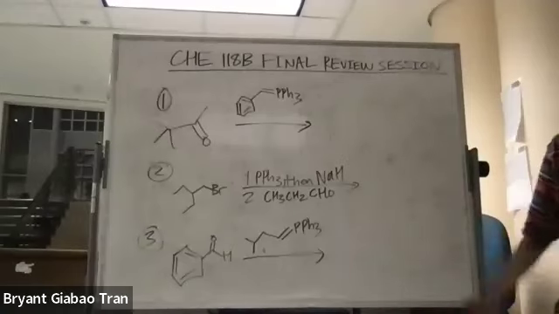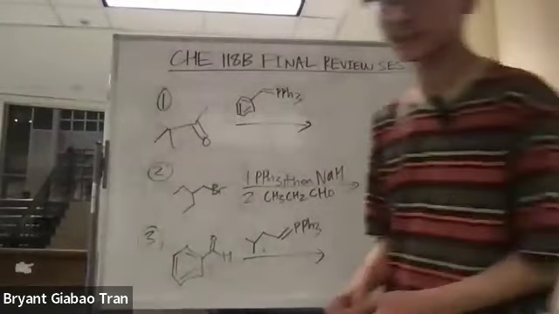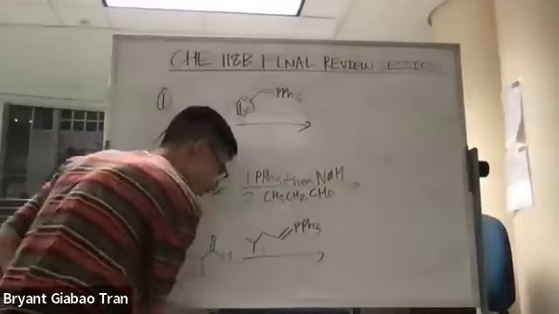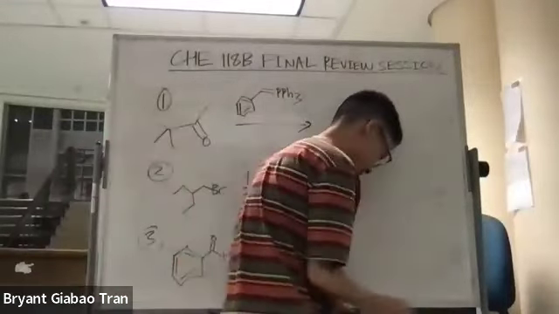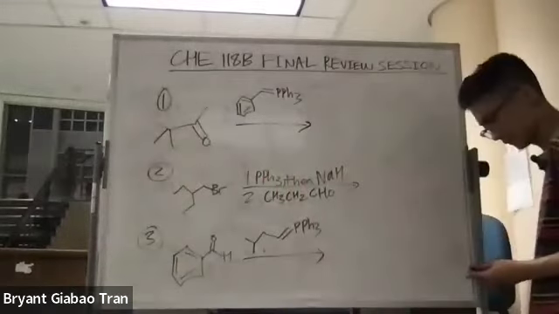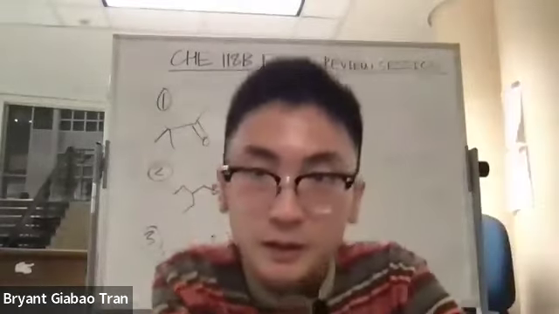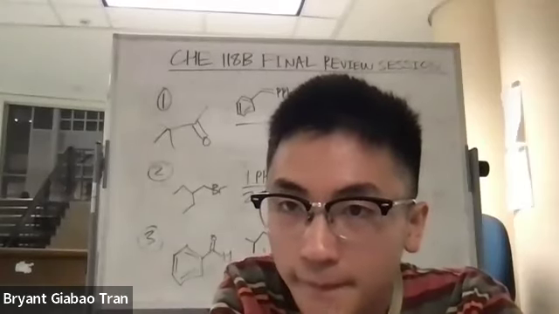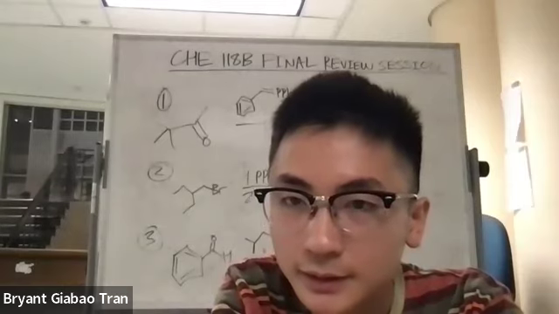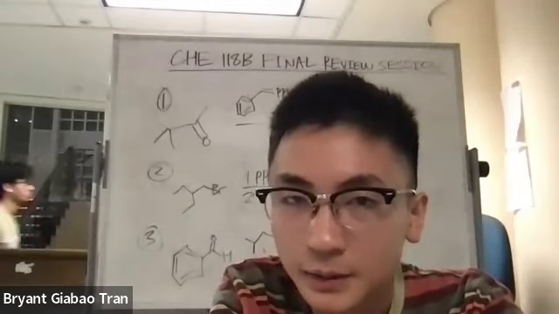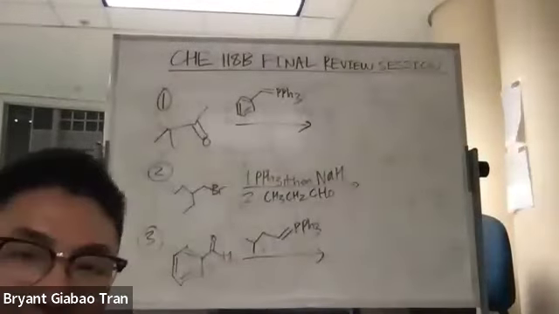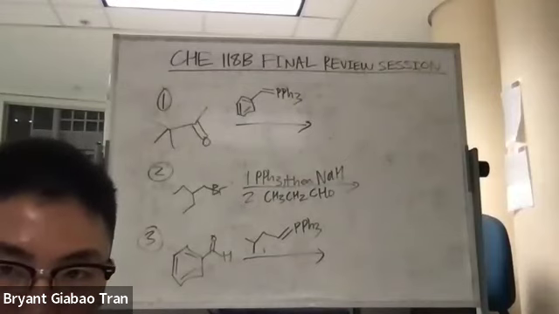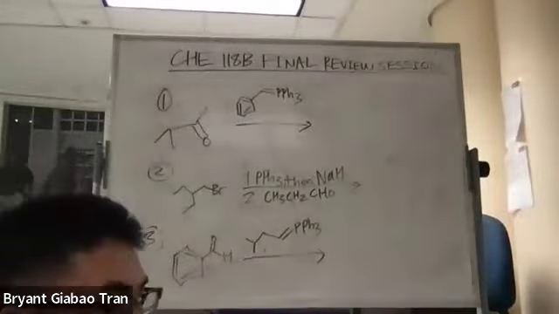Try these 3 Wittig reaction practice problems. Let's explain how the alkene forms again from the ring.